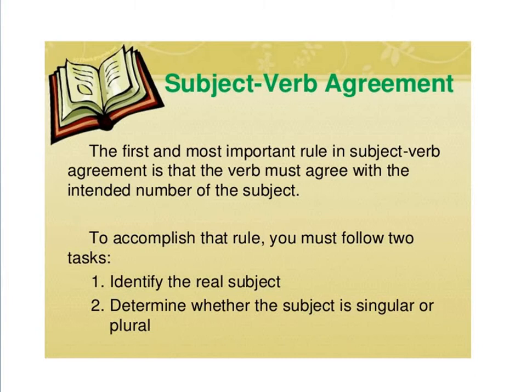Like previously I have taught you, the verb must agree with the intended number of the subject. Consider the example: he goes to school. By the word he, we get that the subject is one in number. If we have they go to school, then we get the idea that they is not one person. The number of people is more than one. So we know that the verb must agree with the intended number of the subject.